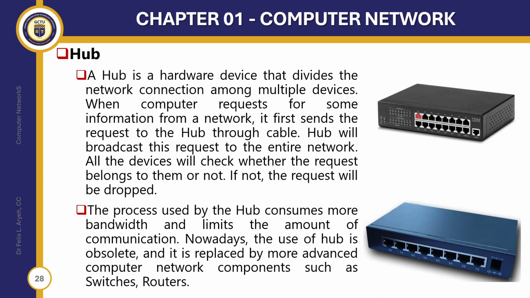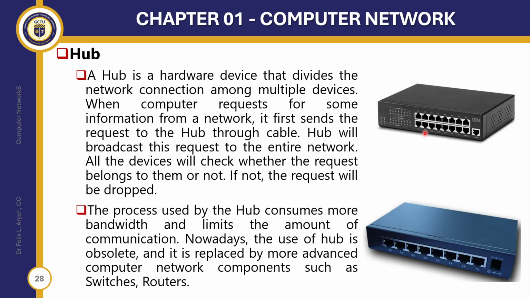Now, if this node wants to send data to this node in ports, what a hub does is it broadcasts the signal on all of these ports. So it means all these nodes on this network will be able to possibly eavesdrop on the request or the data that is being sent.